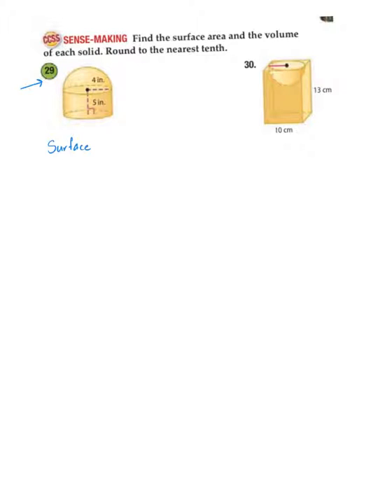So for the surface area, I'm going to look at this bottom piece first. I've got a cylinder. I have a right cylinder. So I want to find the lateral area of the cylinder, but this time I'm only going to add one base to get my total surface area, because again, this piece on the inside is not a surface that I can touch.